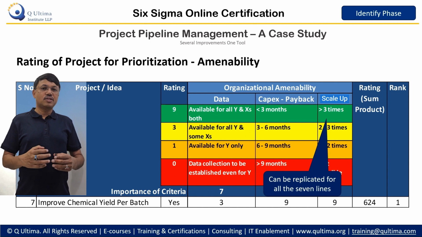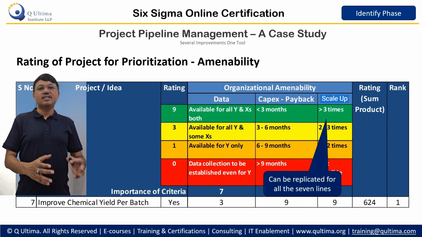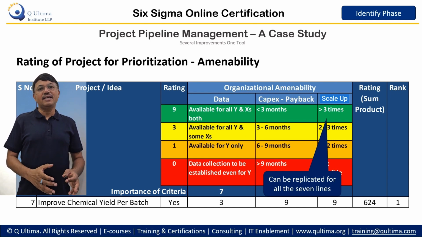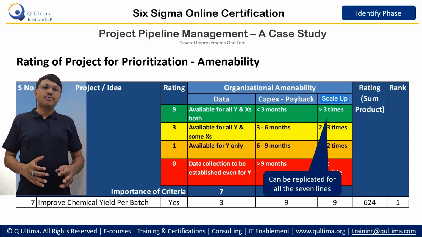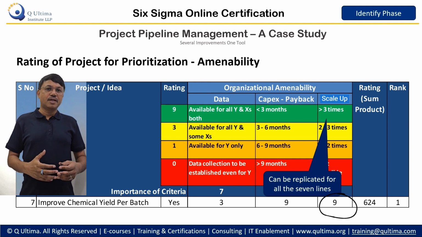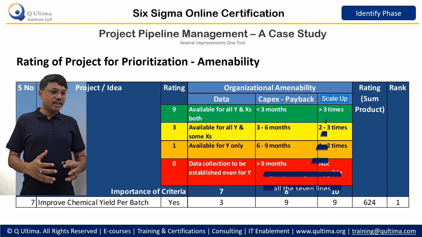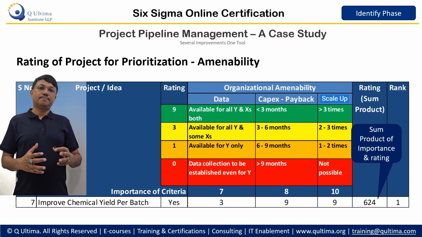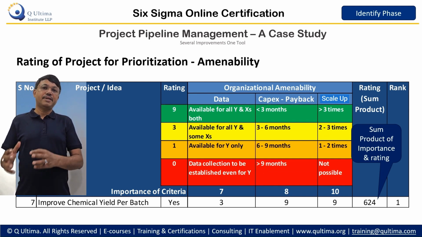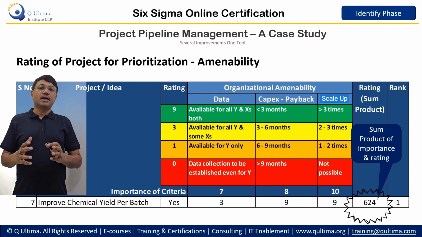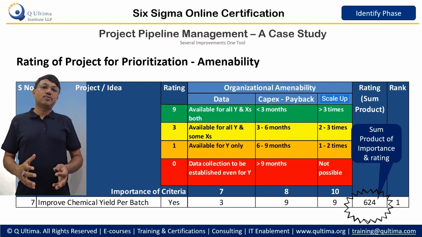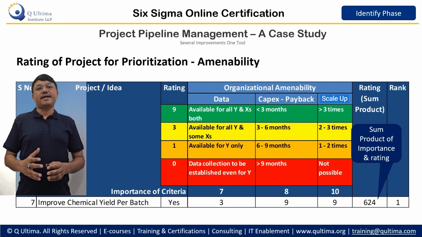With respect to scale up, the team also felt that once the concept is proven on one line, it can be replicated to all 7 lines, and therefore the scalability is very high, and therefore a rating of 9. Based on this, the overall rating calculated based on the product was 624, which brought this project to the top of the list and it became the first priority project.